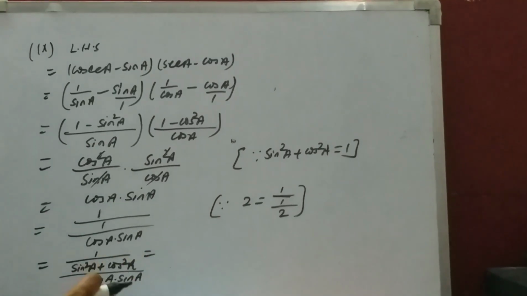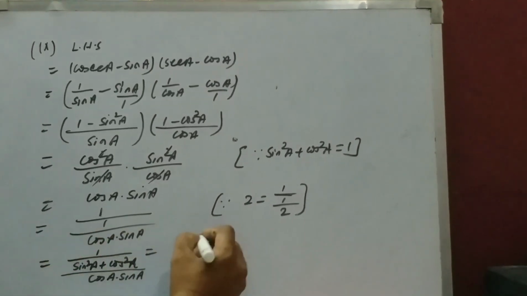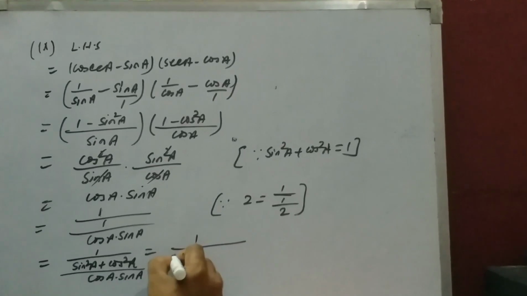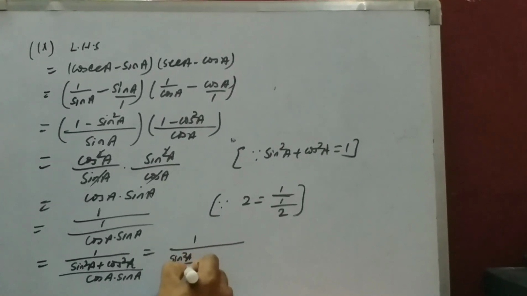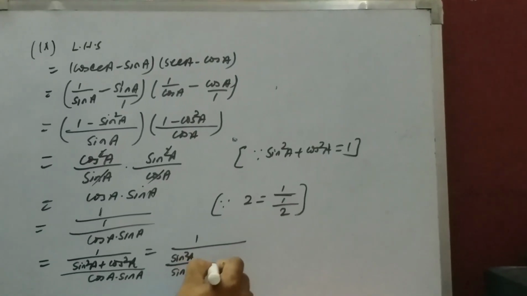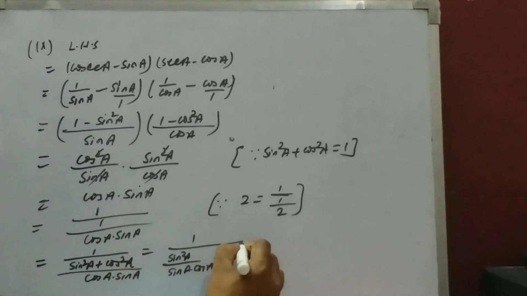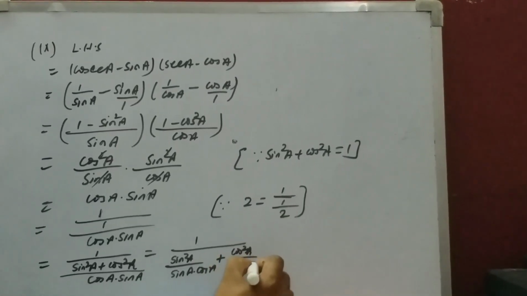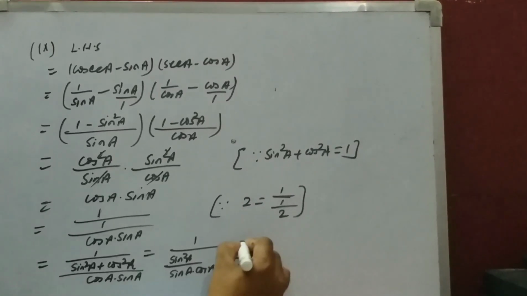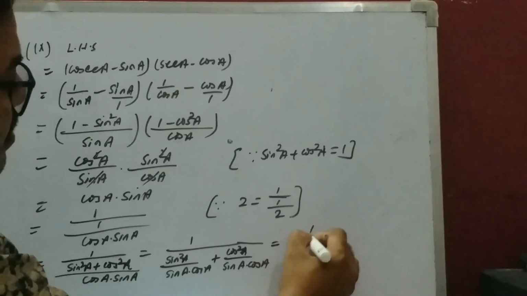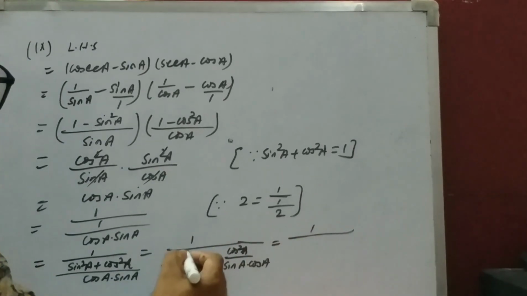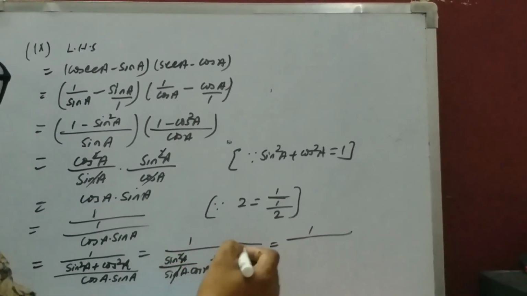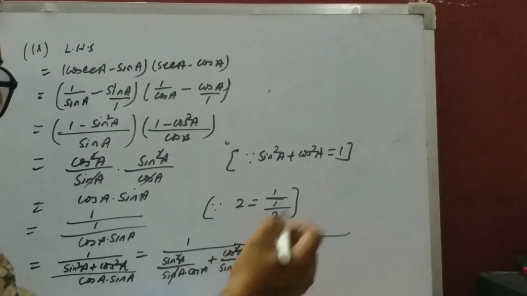Now do the alternate division here. 1 upon sin square A by sin A into cos A plus cos square A by sin A into cos A. One sin will cross out from here, one cos will cross out from here.